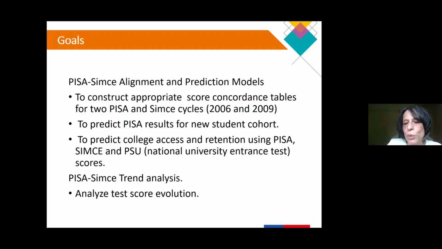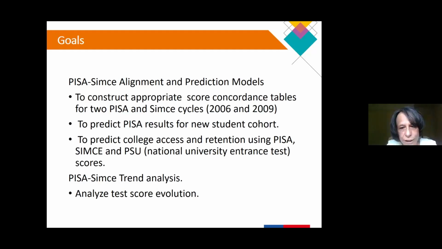So we want to know which of the 3 tests was more appropriate to predict retention in the first years, and how they will predict access to college, because the national university entrance test really defines the selection of the career.